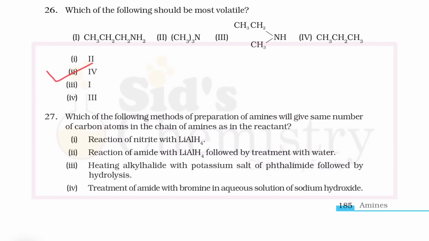Number 3, heating alkyl halide with potassium salt of phthalimide followed by hydrolysis. And number 4, treatment of amide with bromine in aqueous solution of sodium hydroxide. Dear friends, the correct answer for this question is option number 3, that is heating alkyl halide with potassium salt of phthalimide followed by hydrolysis, in which the number of carbons cannot be changed.